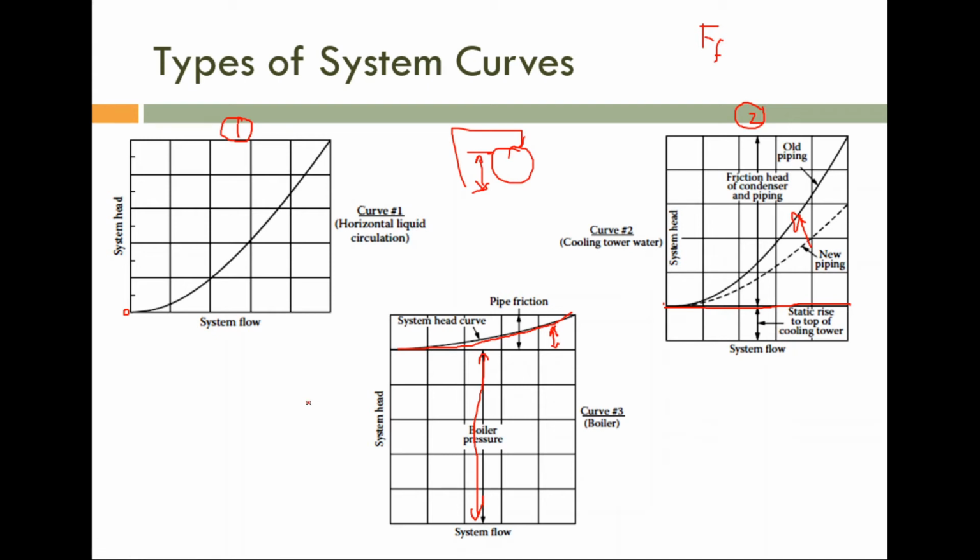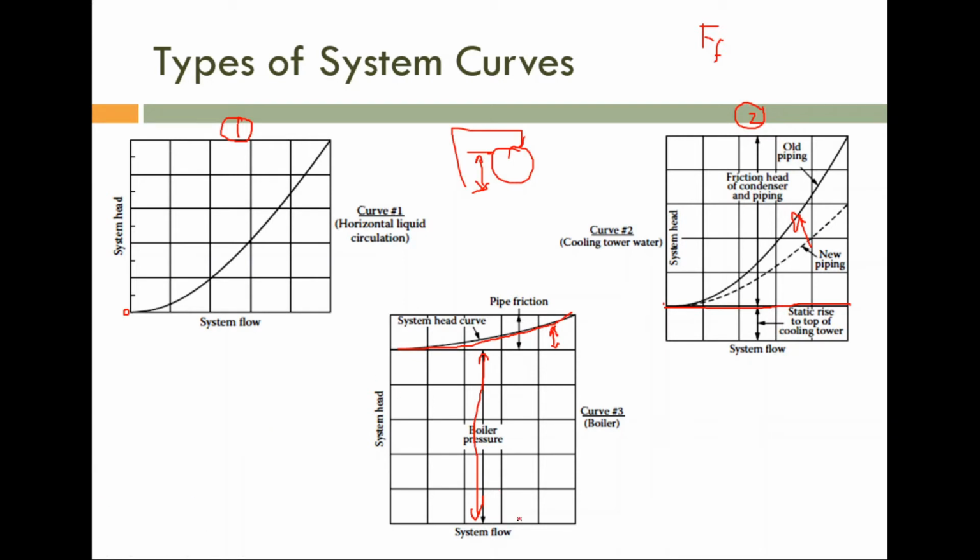So now we are going to start the discussion about the pump, where the pump is used to transport liquid from one point to another, and the pump has to deliver the liquid with a pressure that is sufficient to overcome this system curve.